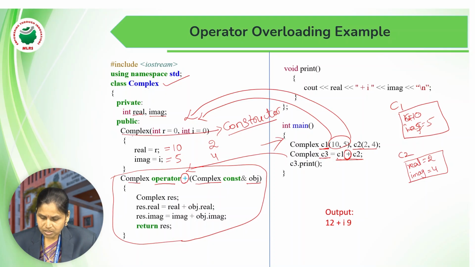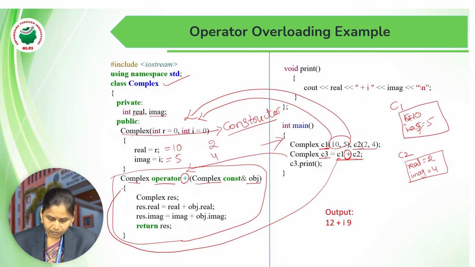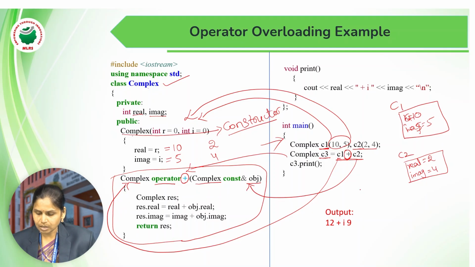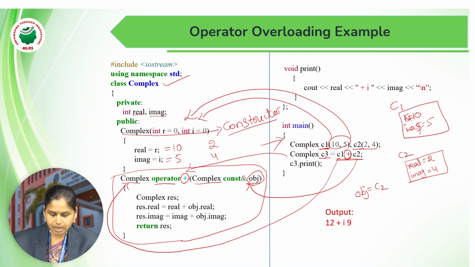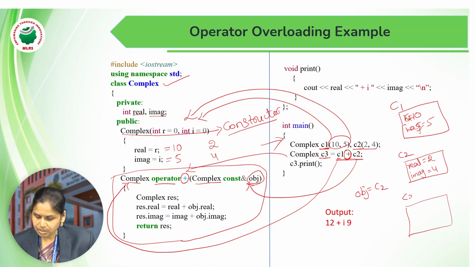Here the first complex object C1 is this, and C2 is passed to obj, so obj equal to C2. The object C2 is copied here. Next I created one more variable, result. So this will be the C3 object.